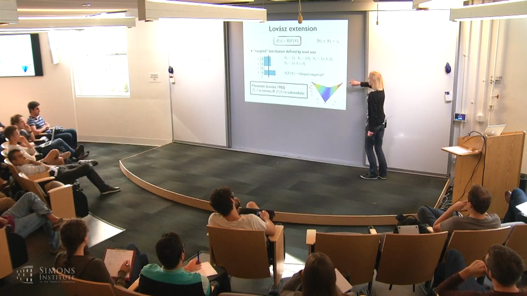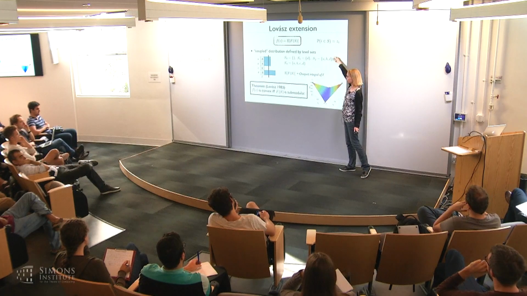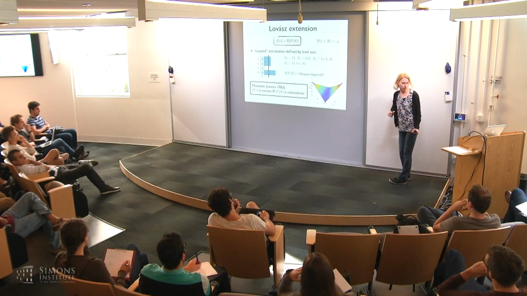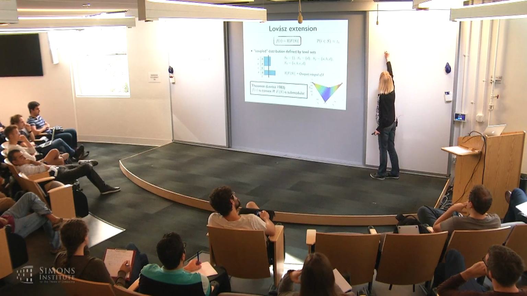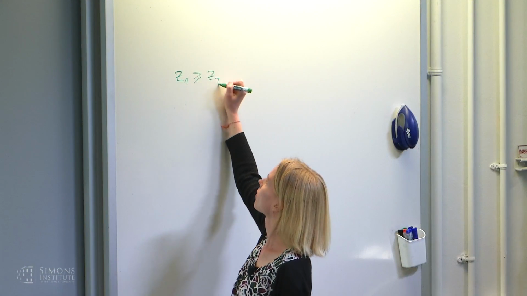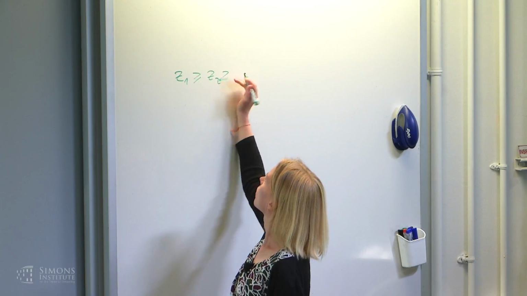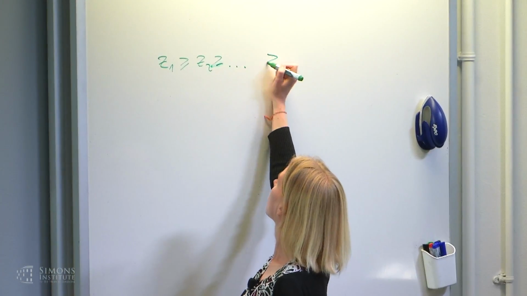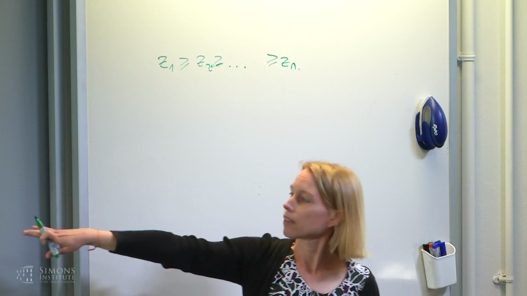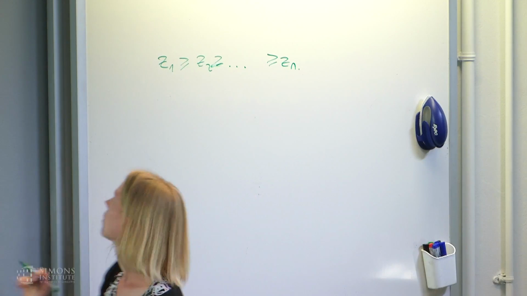To compute this, I take my vector z and sort it from large to small entries. I just renumber the coordinates, so I say z1 is bigger than z2, and so on up to zn. So I sort it.